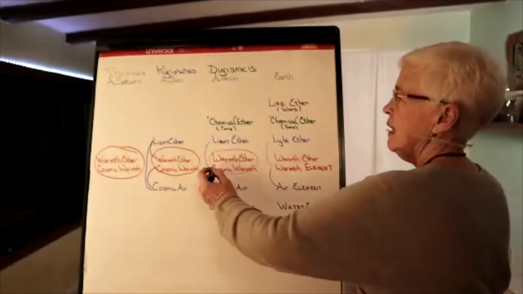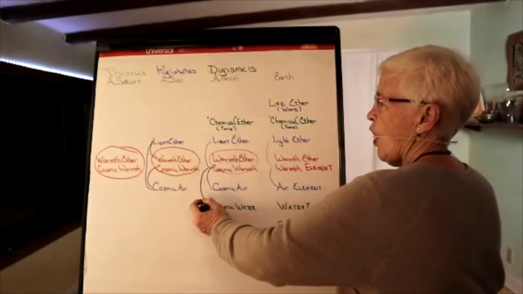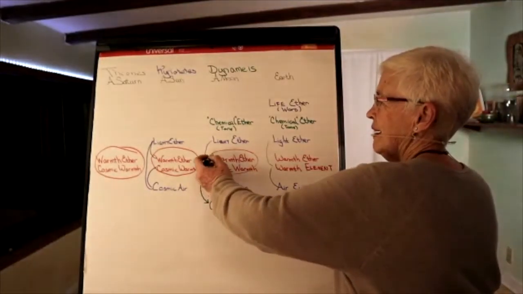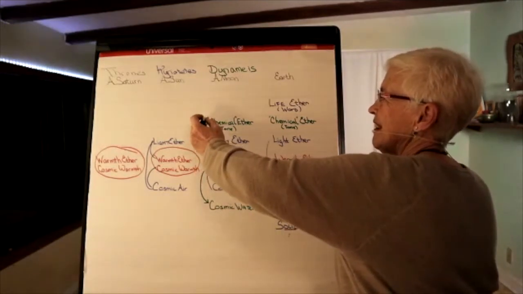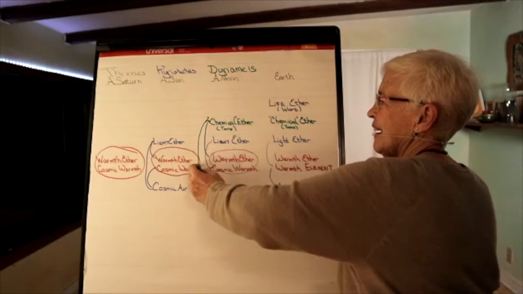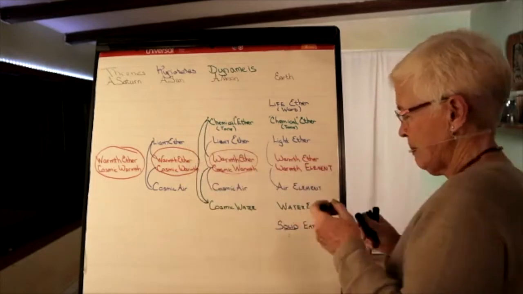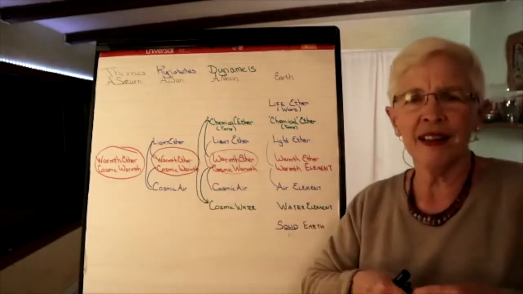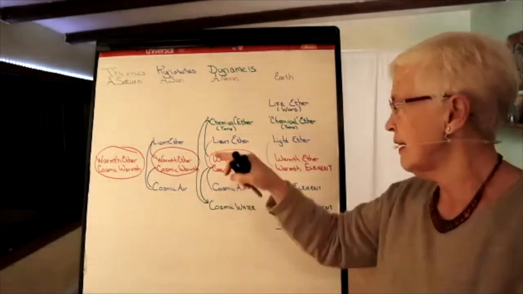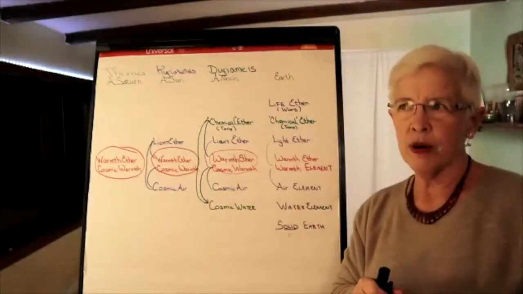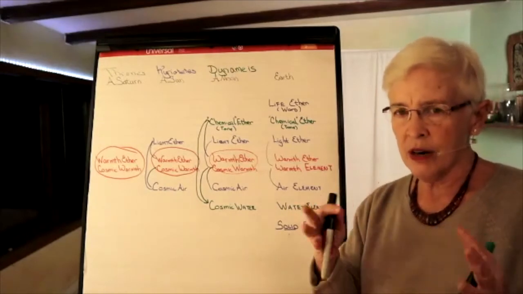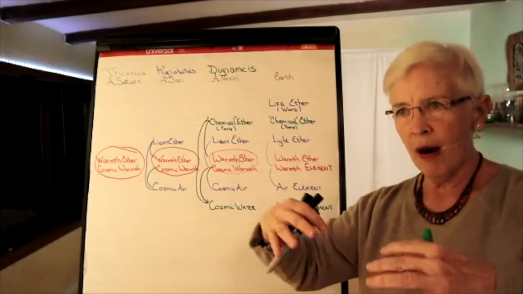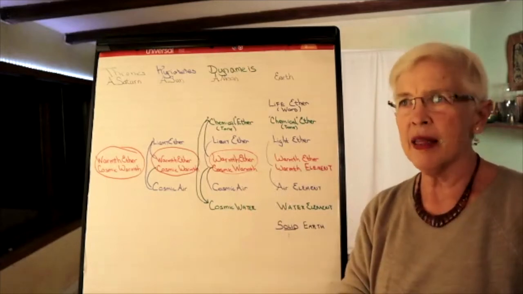And a further densification into cosmic water and a further sublimation into chemical ether. Remember, we spoke only ever so briefly last time about what the chemical ether is. It's also called the tone ether. It is the structuring, ordering, harmonic relationships between things.